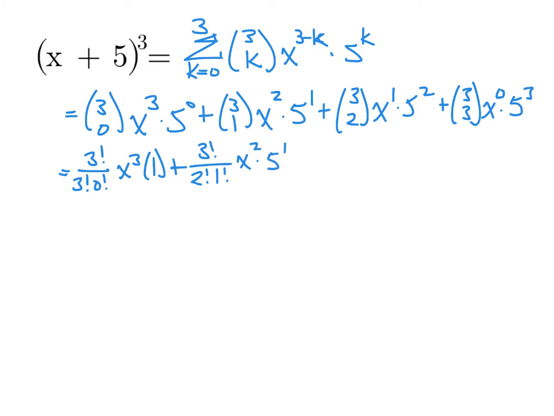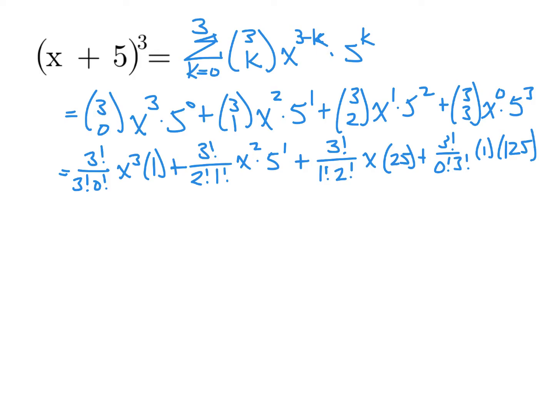Those match up directly with the denominator that we're calculating as our initial coefficient. So in the next one, we'll have 3 factorial over 1 factorial, 2 factorial, and then x to the first and 5 to the second. And then the last one, 3 factorial over 0 factorial, 3 factorial. X to the 0 is 1, and then 5 to the third is 125.